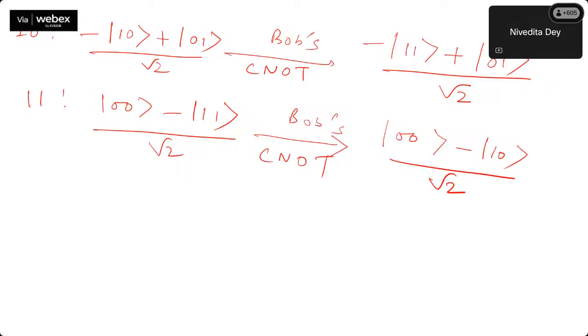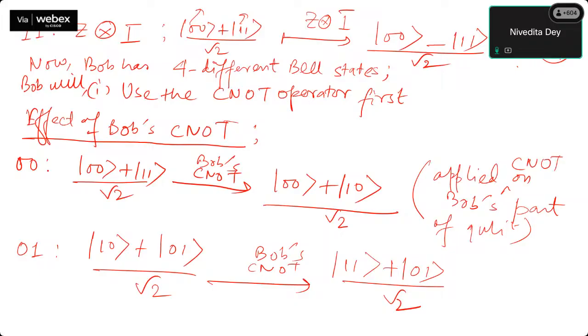Now, if you observe carefully, the second qubit is 0 here, and when else is the second qubit 0? It is here. And in the remaining two cases, the second qubit is 1.